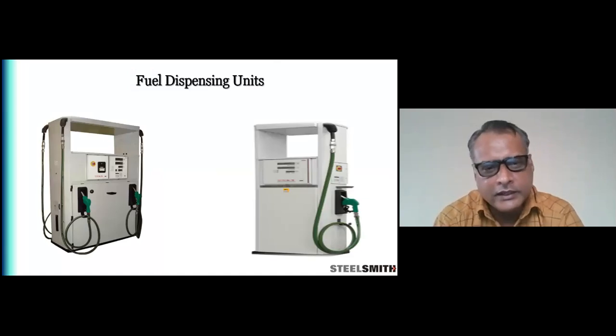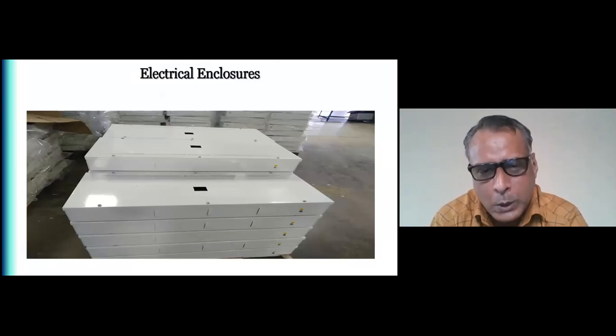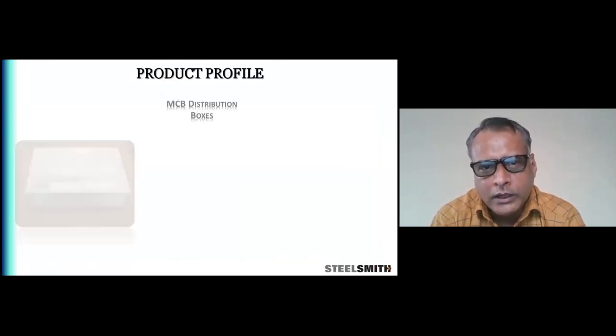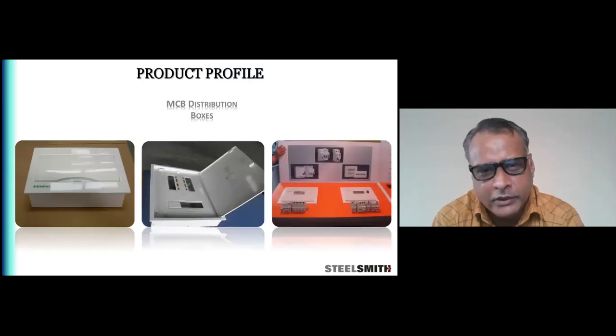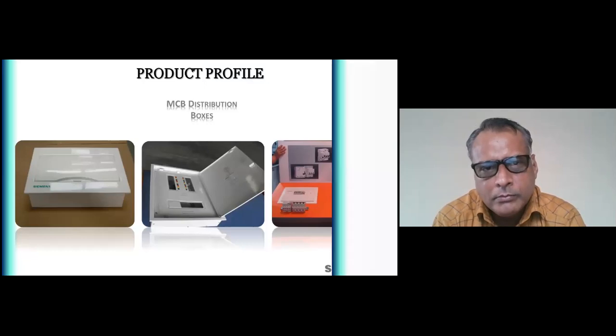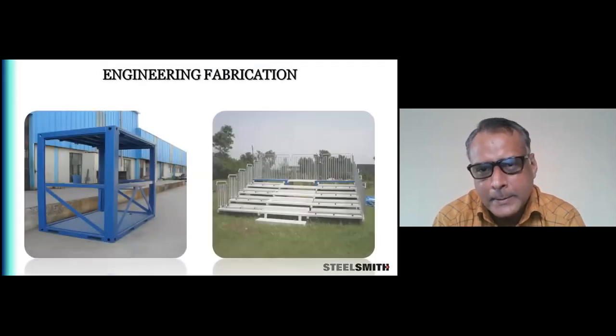The external enclosure is of sheet metal. Then electrical enclosures like this. MCB distribution boxes, these can be prepared from sheet metal. And engineering fabrication like this.